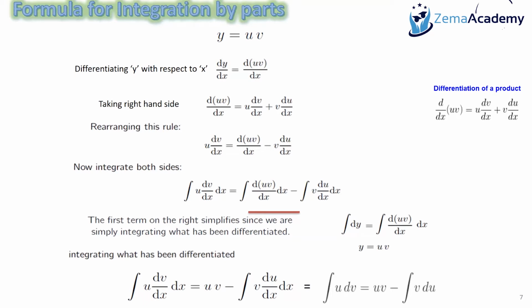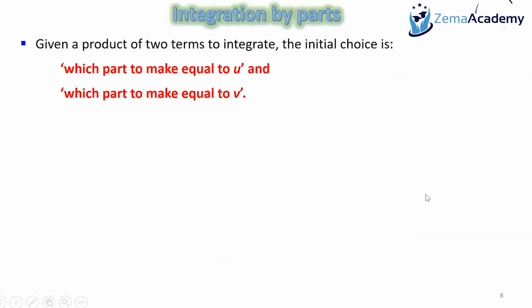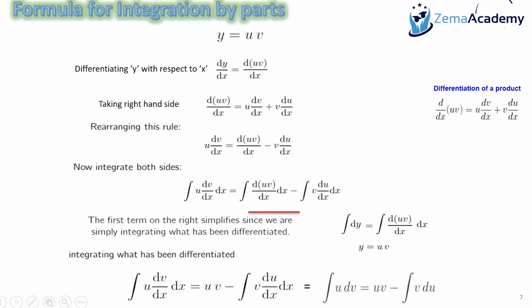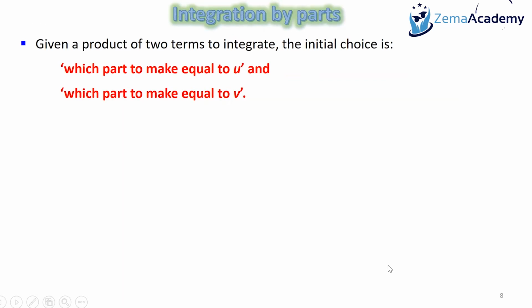Okay, just before I go to that first example, I want to make clear that now you know that integration by parts is applied to an integral that is based on the product of two functions. For example, I just gave you integral x cos x dx.